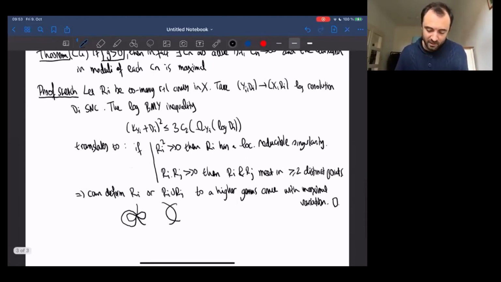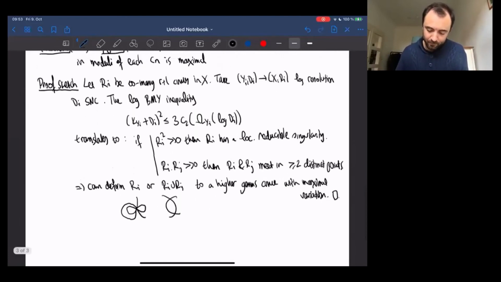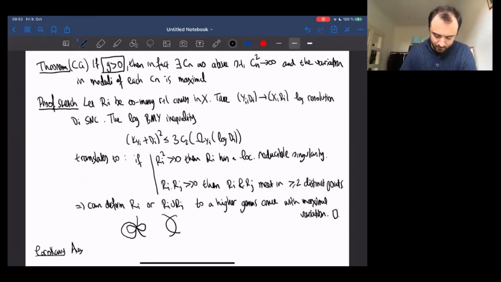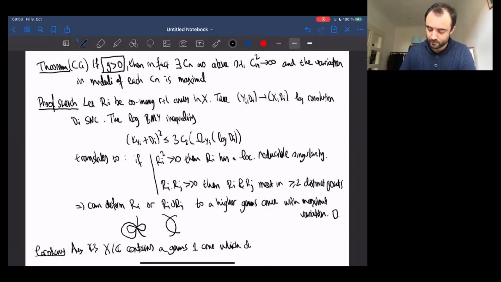But now these higher genus curves actually turn out to have very interesting properties. Let me just give you one corollary, which is immediate from this: any K3 surface X over C contains a genus 1 curve which deforms non-isotrivially.